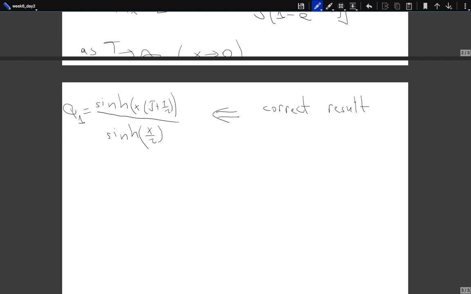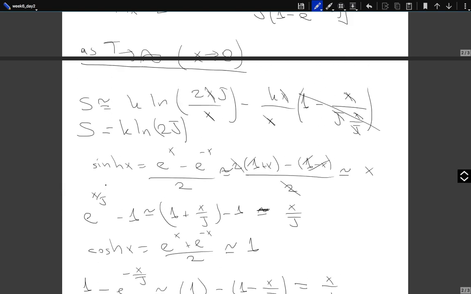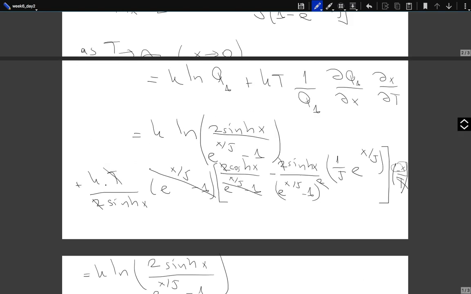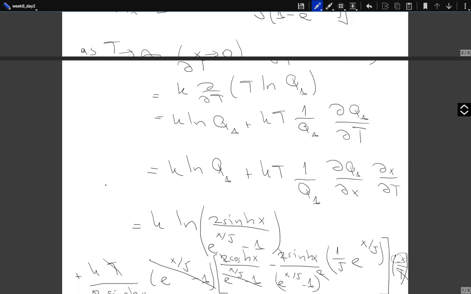Okay, so we have to do all the derivatives, etc. Again, so entropy. Now let me just copy it. Yeah, this result is still correct. This doesn't depend on the explicit form of the Q1.